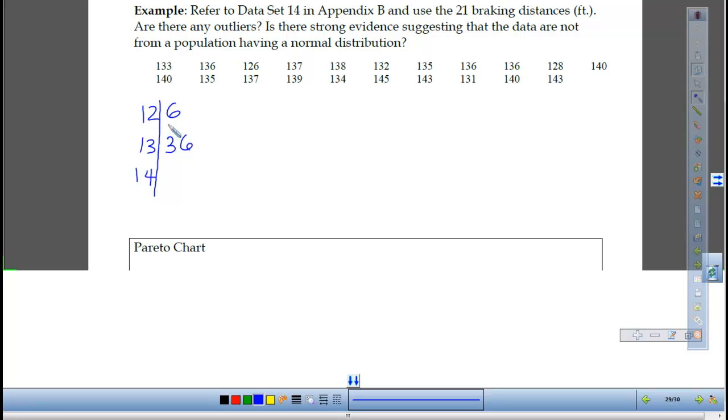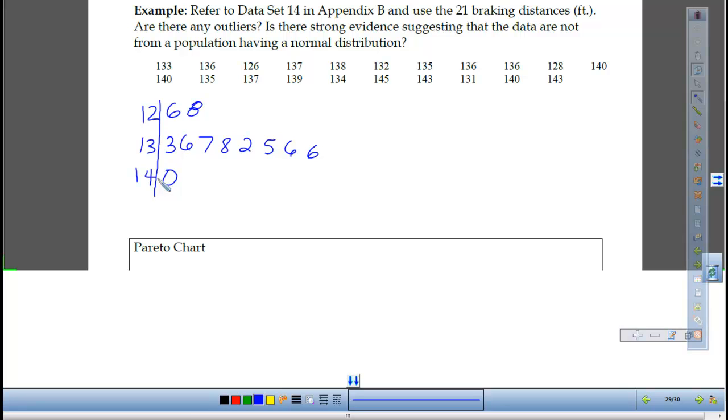Okay, 137, 138, 132, 135, 136, 128. Okay, 140. Okay, that's the first row. Did I miss it in the first row? Okay.